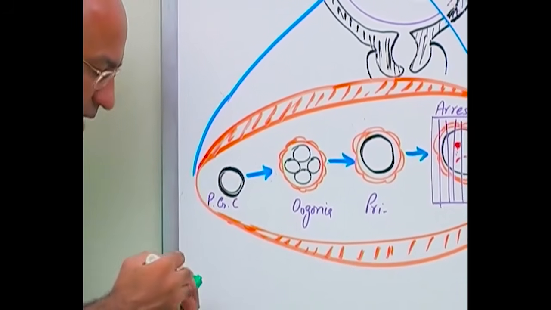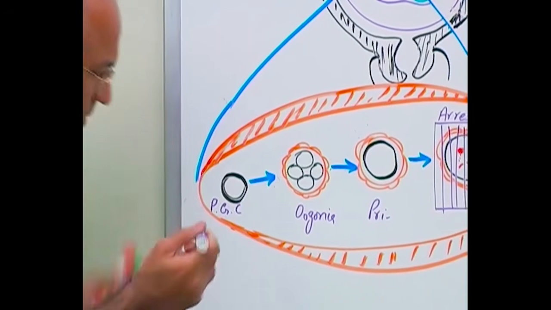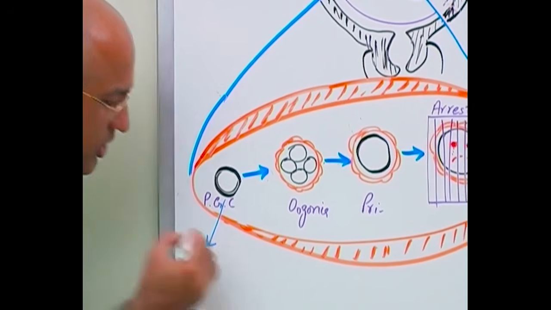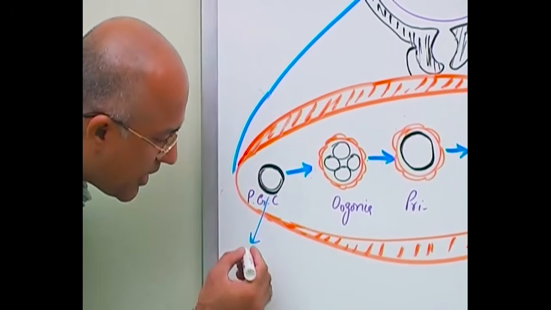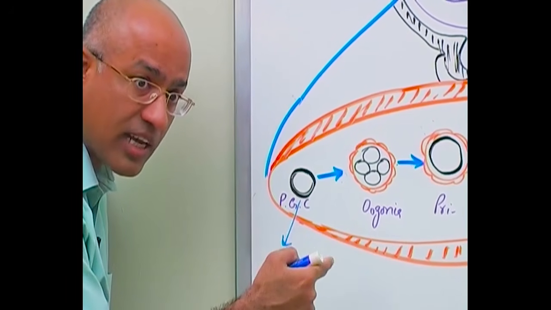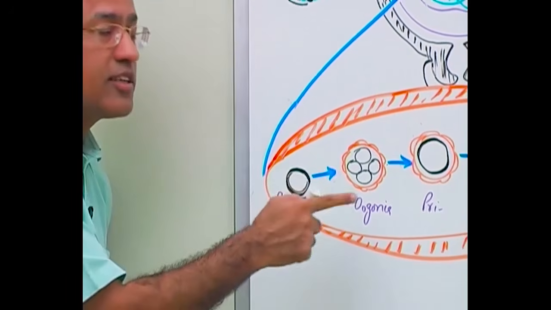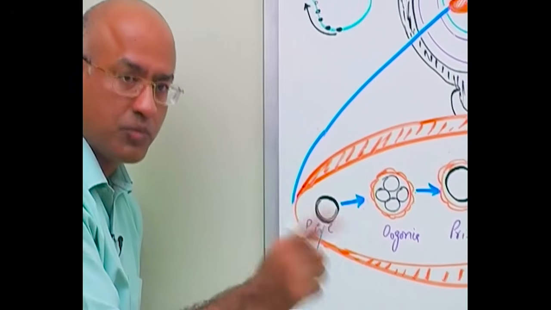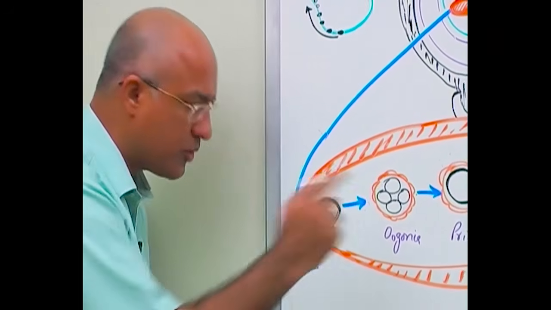Now, in the primordial germ cell, what is the situation regarding the genetic material? How many chromosomes does it have? If you remember the last lecture on meiosis, because this lecture is totally based on it, you have to watch that video before this.